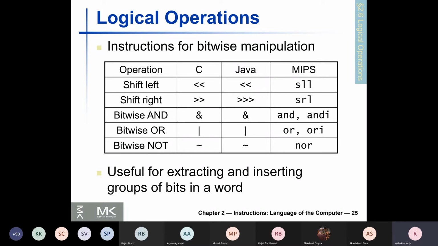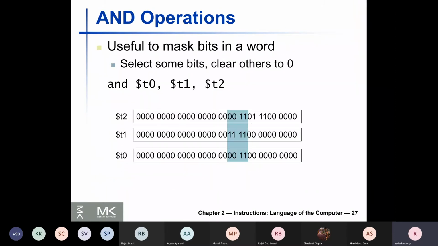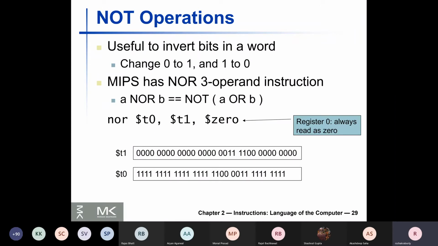Why? Because if you have a NOR operation, it is not very difficult to perform a bitwise NOT operation, right? MIPS has a 3-operand NOR operation, which takes 2 source registers, performs a logical NOR between them and stores it in a destination register. But NOT is essentially a 2-operand operation, right?